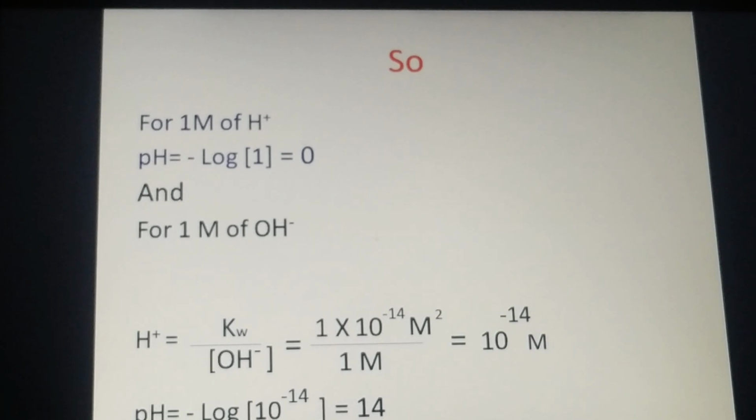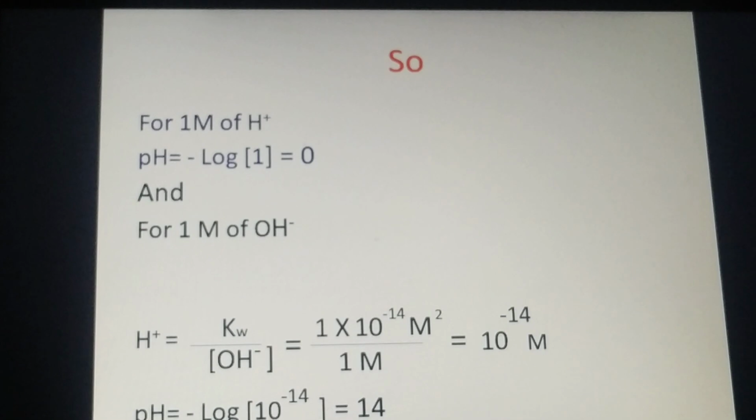So if the concentration of OH negative is 1 molar, as in the case of NaOH, then the pH will be 14. And if the concentration of H positive is 1 molar, as in the case of HCl, then the pH will be 0.